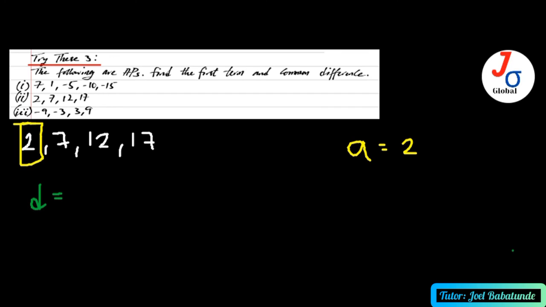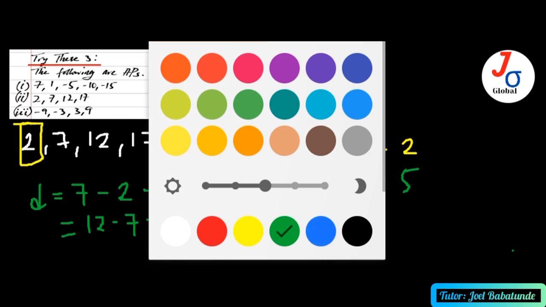Our D has to be 7 minus 2, and that gives us 5. By this time you should be familiar with how to find the common difference. That's still the same as 12 minus 7, which gives us 5. So the common difference is actually 5.